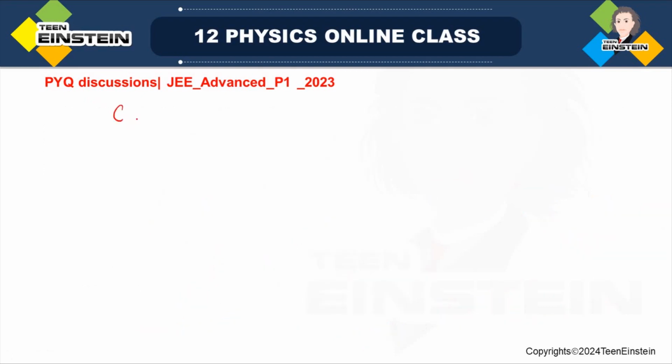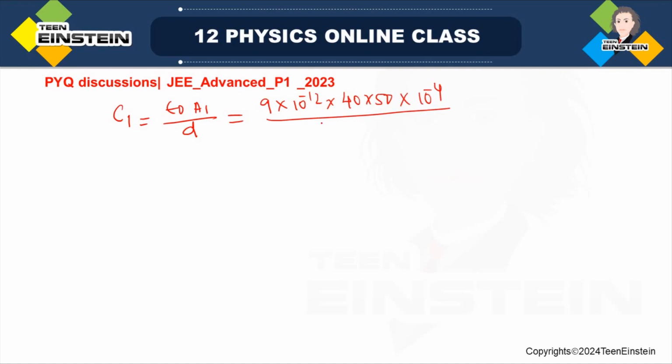Once I get the area, it is easy to find the capacitance. C1 is the air capacitor, so epsilon 0 A1 by D. D is the thickness, that is 5 centimeter. I can just put it here: 9 into 10 to the power minus 12 into area 40 into 50. I want to make it into meter square, so I have multiplied 10 to the power minus 4 there, and here 5 into 10 to the power minus 2.